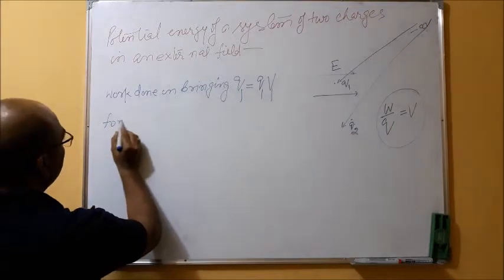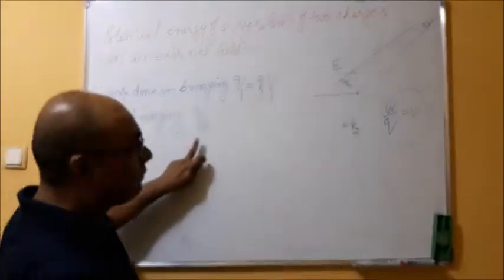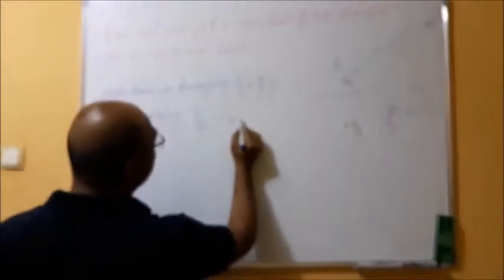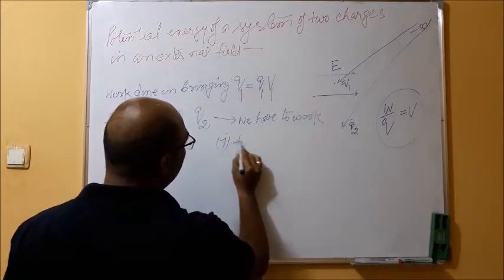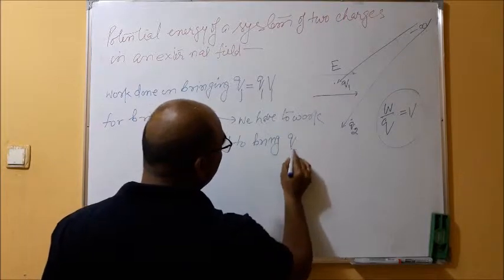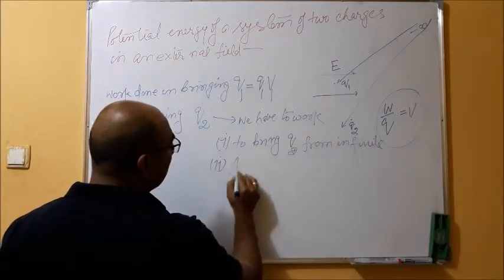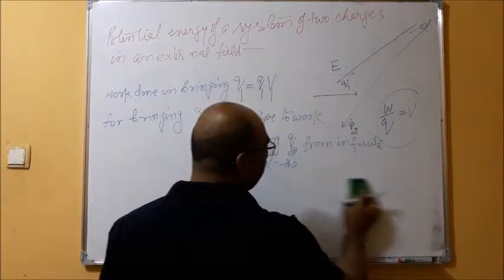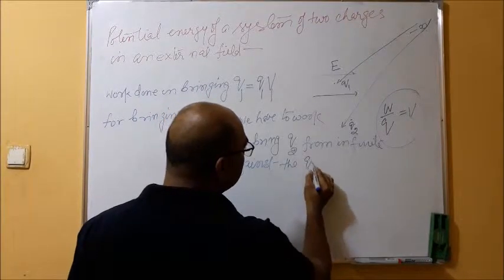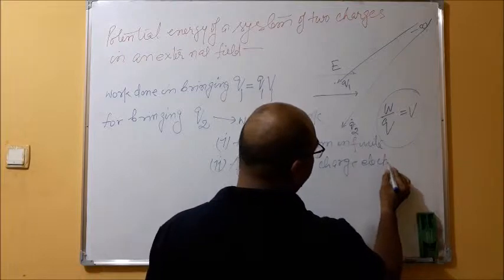Now, after bringing the first charged particle, for bringing Q2 we have to work, number one, to bring Q2 from infinity, and second, against the Q1 charge electric field.